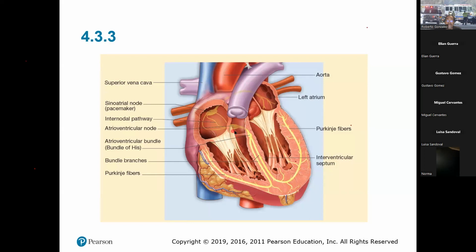So basically, at this point, you have the sinoatrial node sending signals to both sides, but there's a structure here that's more like a bony, cartilage type of structure that prevents the muscles from sending the signal to the AV node, the atrioventricular node.